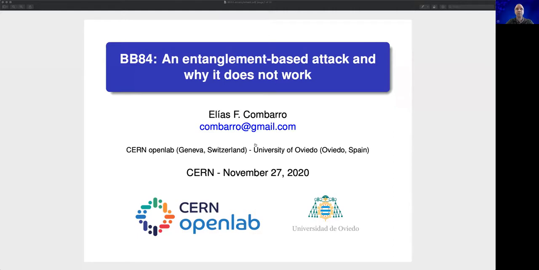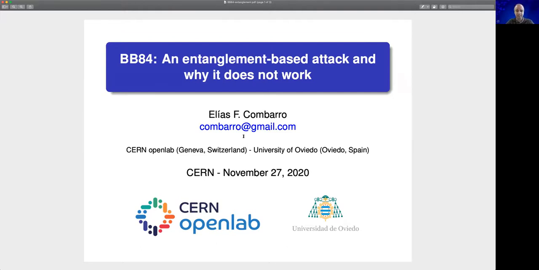Okay, so you should now be seeing my slides on the possibility of trying to attack the BB84 protocol for quantum key distribution by using entanglement.